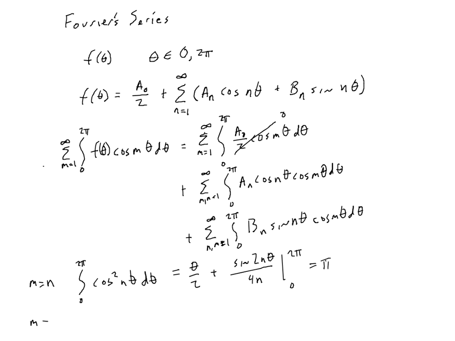For m not equal to n, now you have the integral from 0 to 2 pi of cosine n theta, cosine m theta, d theta, right? And if you have cosine n theta times cosine m theta, what happens?